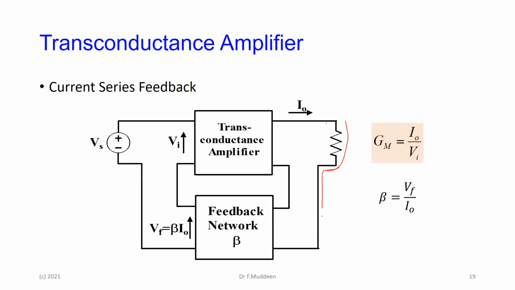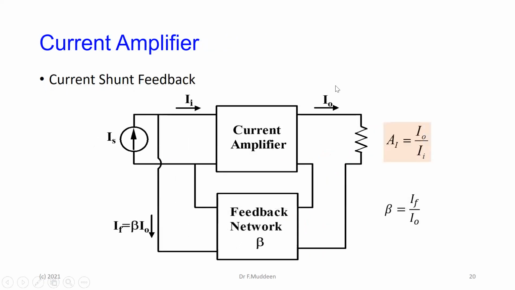So the current is flowing this way, the output current goes into the feedback network. Because it's a transconductance, it's taking current, but we have to send voltage back, and again we have to send it negative. So the voltage has to go back this way. That's the negative feedback.